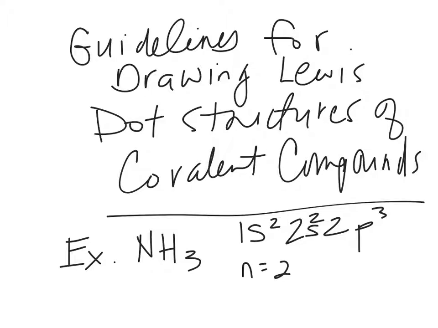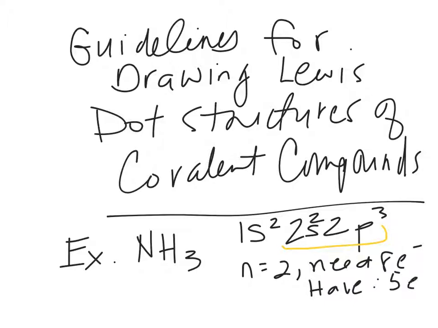We have only an s and p orbital. Those are the s and p subshell. Those are the only two that exist. So that means that this subshell needs 8 valence electrons to complete it. And right now, if we look at how many we have, 2 in the s subshell and 3 in the p. That's 5 valence electrons.